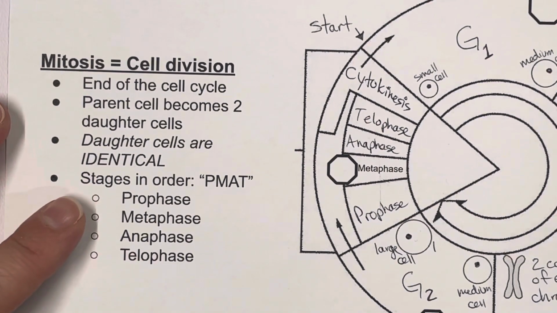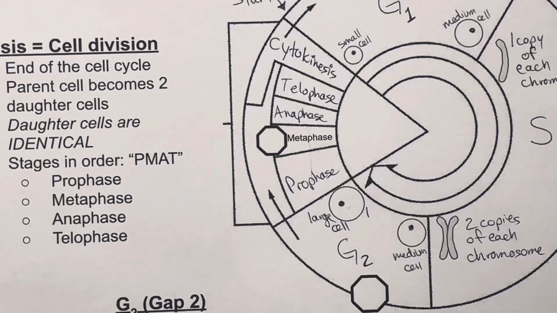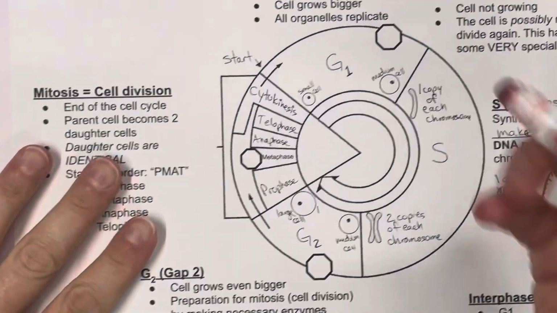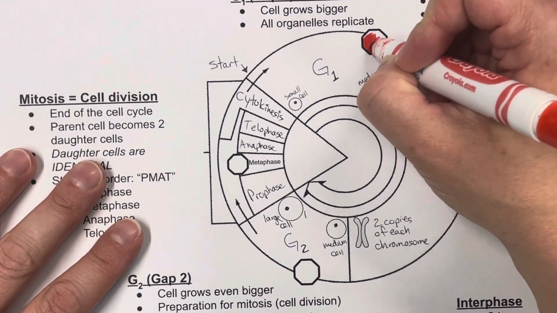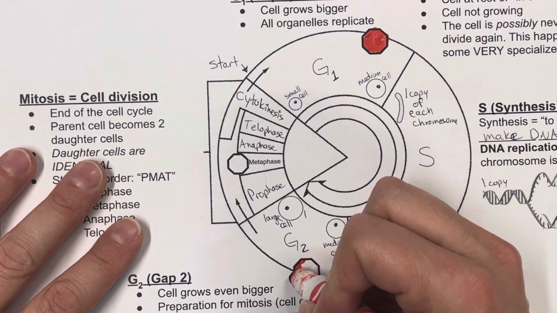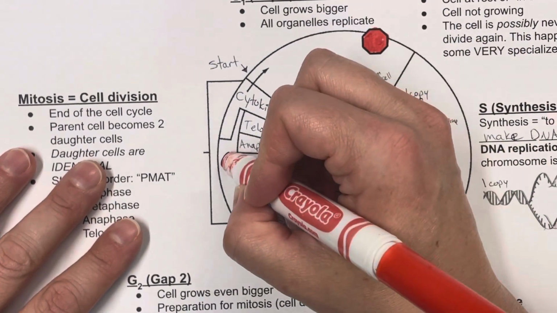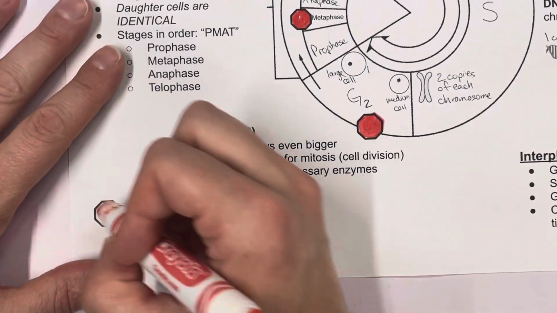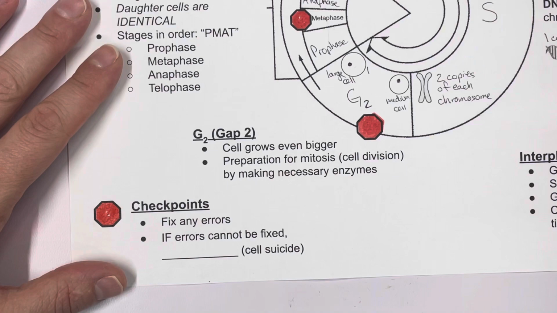All right, now let's do a little bit of coloring so we can clarify what's going on. If you have red, color the little stop signs red. These are the checkpoints. Checkpoints are places in the cell cycle where the whole thing pauses for a moment to check to see if there are any errors.